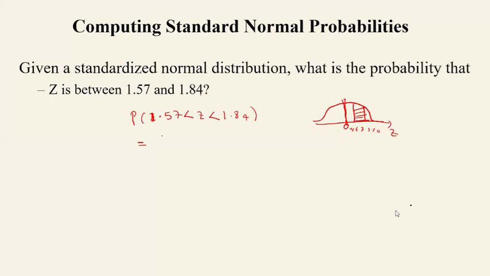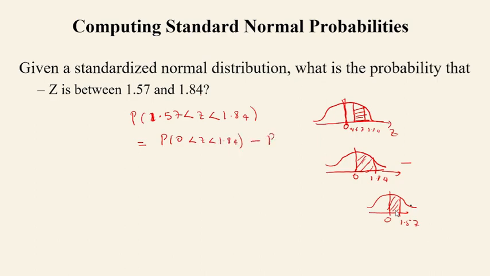This is equal to the probability of 0 less than Z less than 1.84 minus the probability of 0 less than Z less than 1.57. Right? Because why are we converting in such a manner?